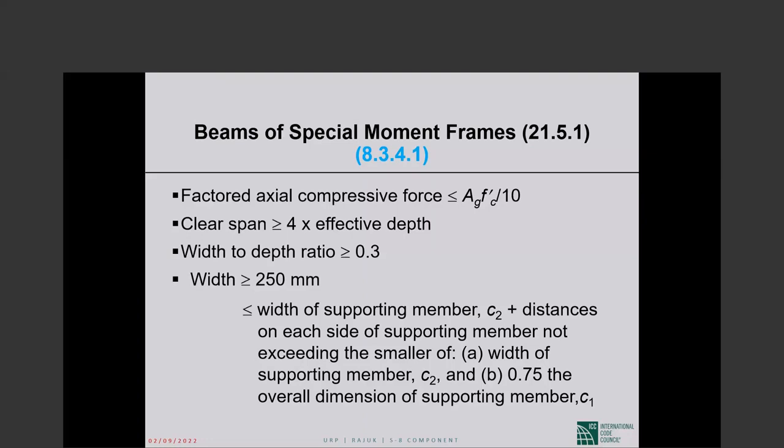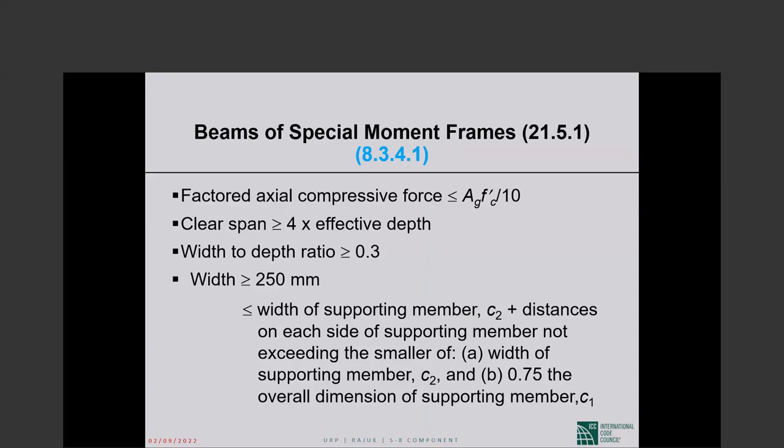And then when we had to figure out what to do with intermediate moment frames, the logical thing is to keep the punching shear caused by gravity below 40% of what concrete can carry. But then there was an outcry. I mean, we cannot build them. This is prohibitive.